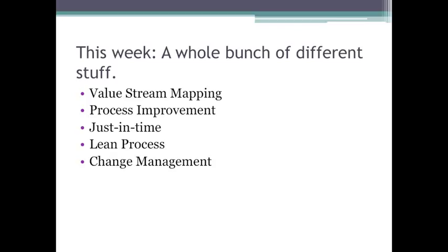What we're going to look at today is some details with regard to that, how to look at a process in a little more detail. To that end, we have things like value stream mapping and process improvement. So we're going to shine a finer microscope on the process and ultimately how to improve the processes that we work with.